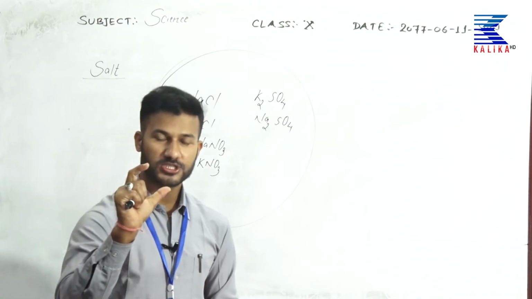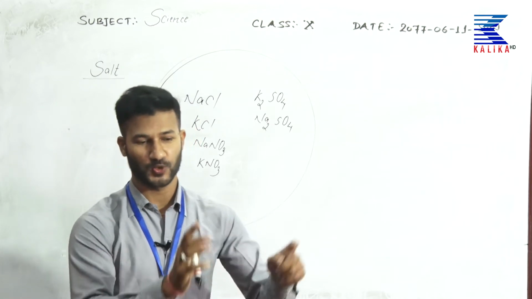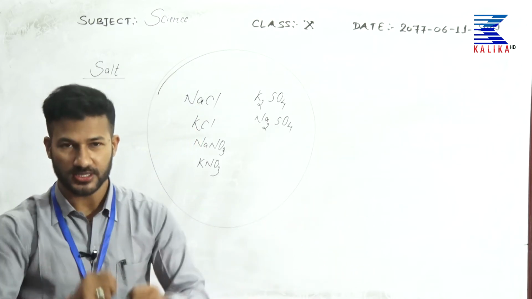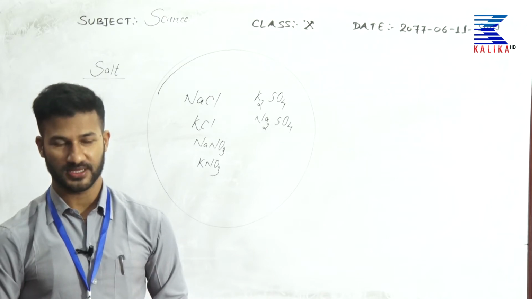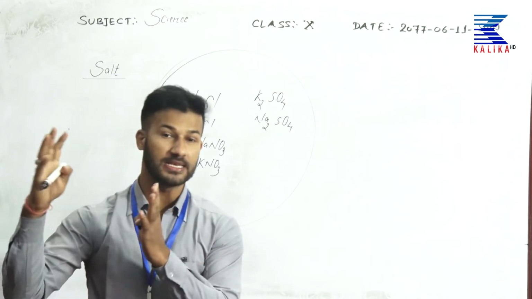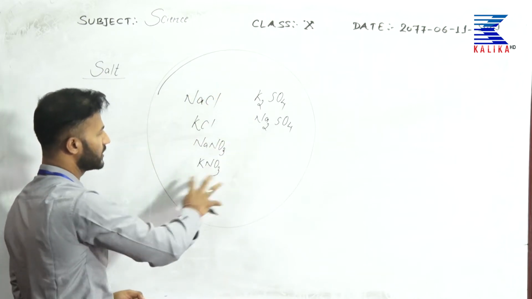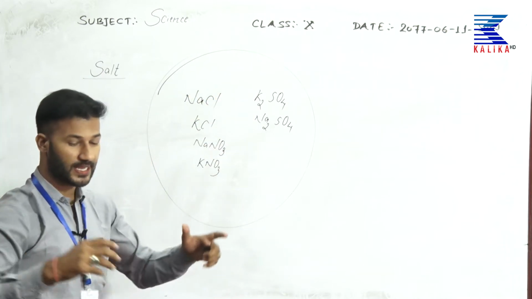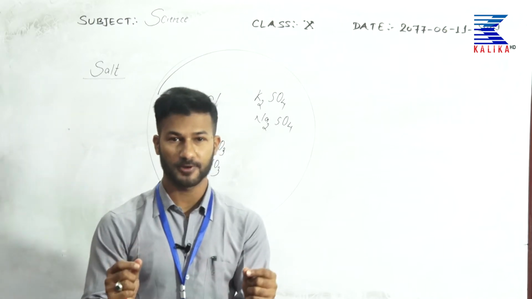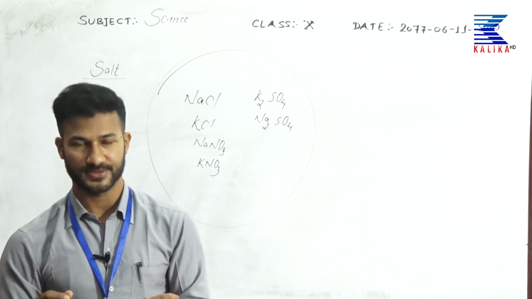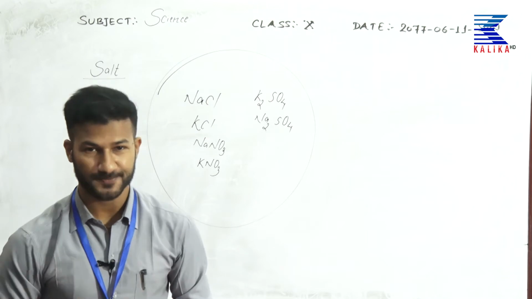Only some salts may show acidic property and some other basic property. These types of salts are very limited in number, but most of them are neutral. So, we can identify salts with the help of the chemical nature that they show with indicators.